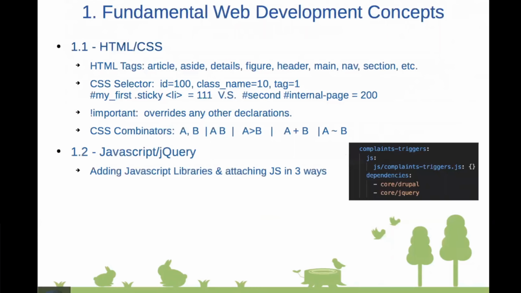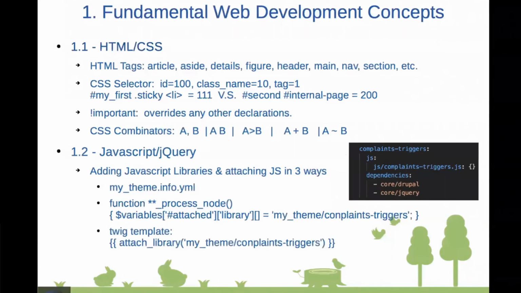You can use the library to define your exact style sheet well. And the good thing is, when you add something, for example, my complaints triggers JS, I just need it in one block, so I don't have to load this JS into the whole page or everywhere. It's just loaded in a block. That's the benefit from Drupal 8.